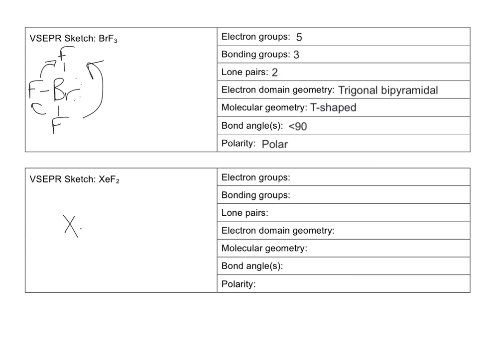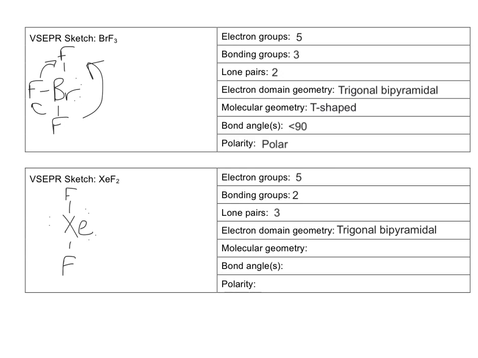For xenon difluoride, we have xenon in the middle. We'll have our 2 fluorines here, and then the xenon has 3 lone pairs on it. So we have 3 lone pairs and 2 bonding groups, so that makes 5 electron groups altogether. Again, the electron domain geometry is going to be trigonal bipyramidal.